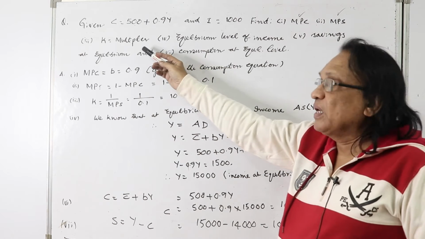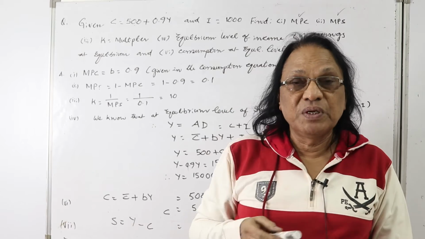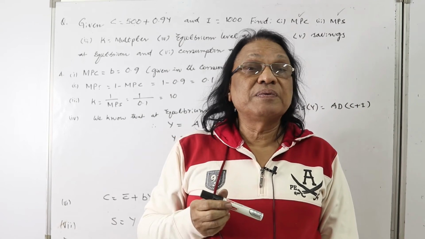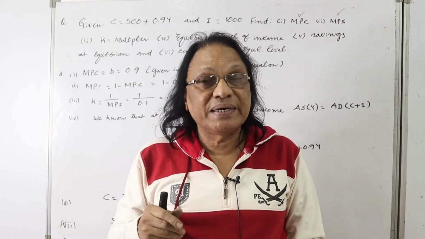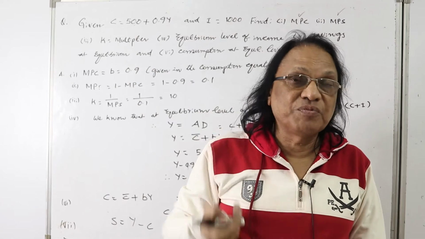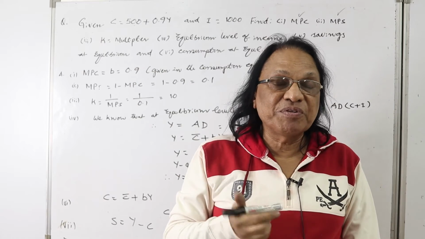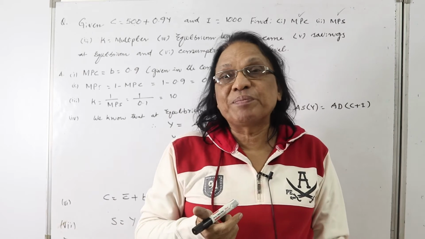Okay, multiplier. They are asking one more. Multiplier, I hope you remember the formulas of multiplier. What exactly is multiplier? Multiplier is a number with which we multiply the change in investment to get the change in income, delta Y upon delta I. So remember this.